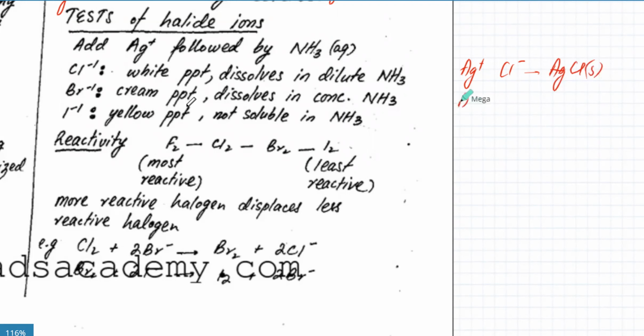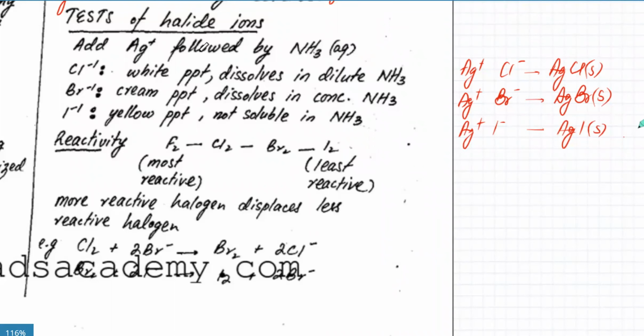Or if you add Ag+ ions to Br-1, they form AgBr, which is also a solid, and so on. So this one is a solid, white precipitate. Cream for Br-1, and Ag+ with I-1 would give you a yellow precipitate.